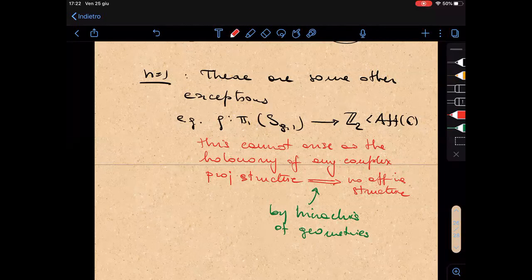So it might happen that there is a representation in Aff(C) which is not the holonomy of some affine structure, but it could be the holonomy of some CP1 structure. But also on the other end, if you have a representation in Aff(C) that cannot be the holonomy of any complex projective structure, then in particular it is not the holonomy of any affine structure. And this is exactly what we have proved.